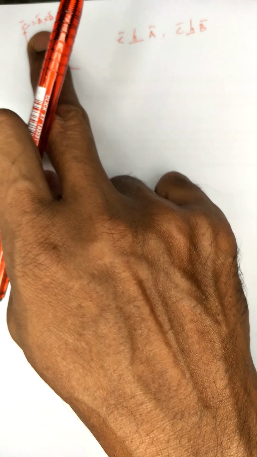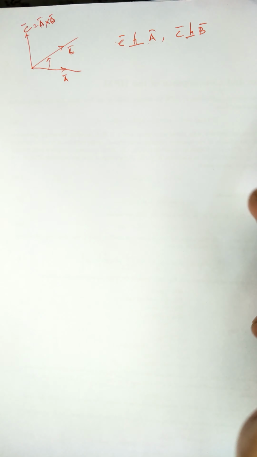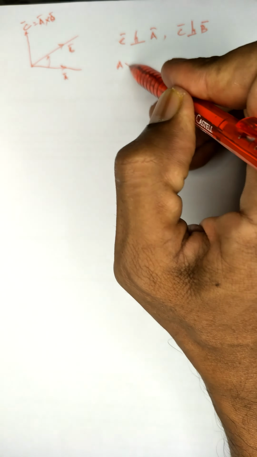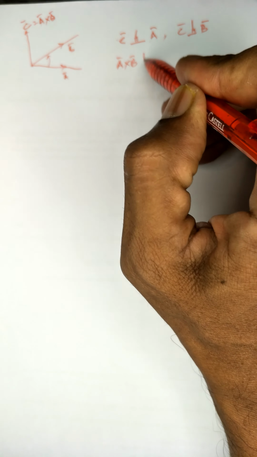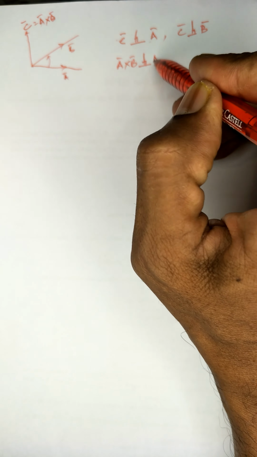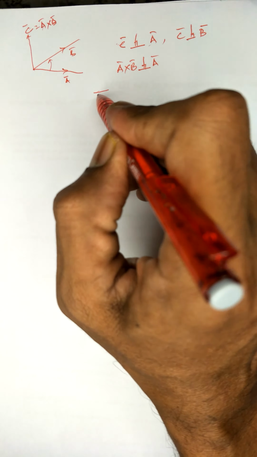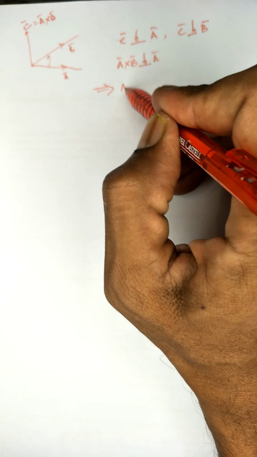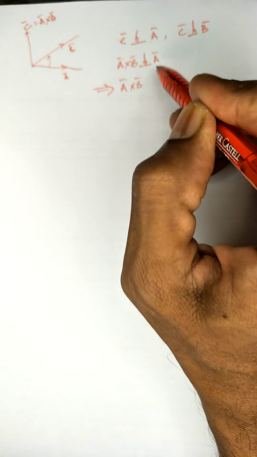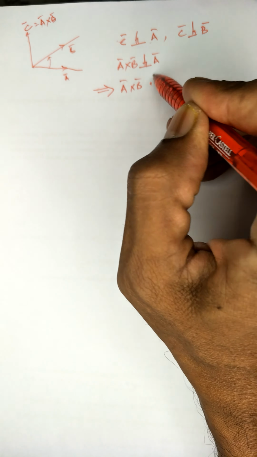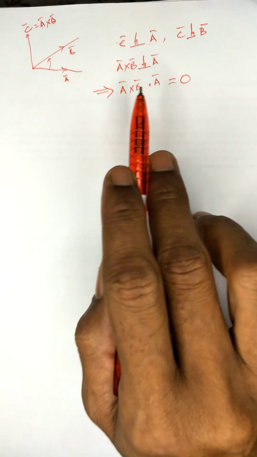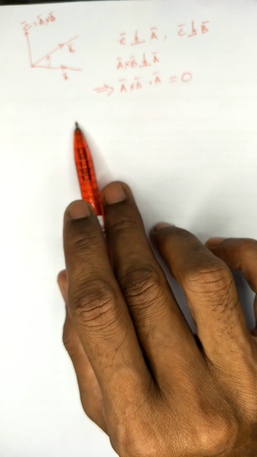So what can we see from here? If we substitute c with a cross b, then a cross b is perpendicular to a. So a cross b dotted with a gives you 0, because they are perpendicular.